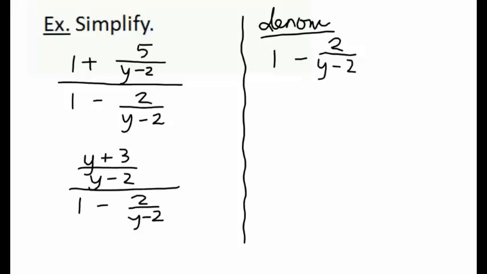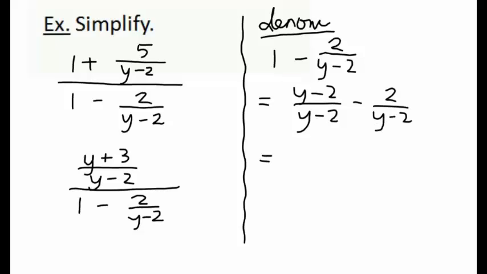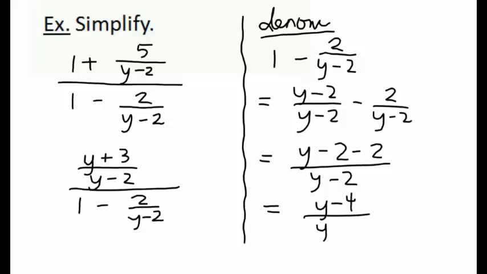So let's simplify this one by switching our 1 to y minus 2 over y minus 2, and doing this subtraction. So here we'll have y minus 2 minus 2 more, and we're going to get y minus 4 over y minus 2.